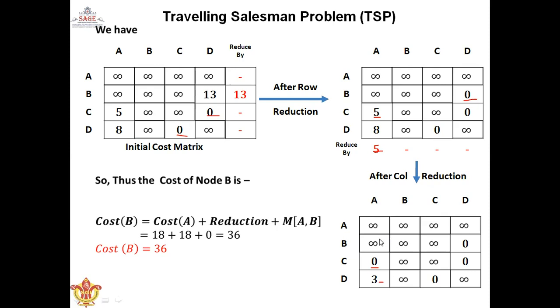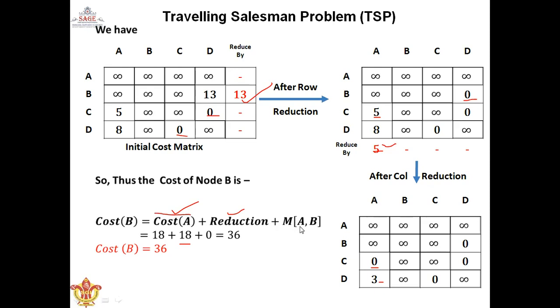So how are we going to calculate the cost for node B? See, cost of A, because we are coming from node A, so we'll have to include the cost of this one. This is the reduction cost. Reduction cost is what? This 13 and this 5, that will be 18. And this M[A][B] is what?